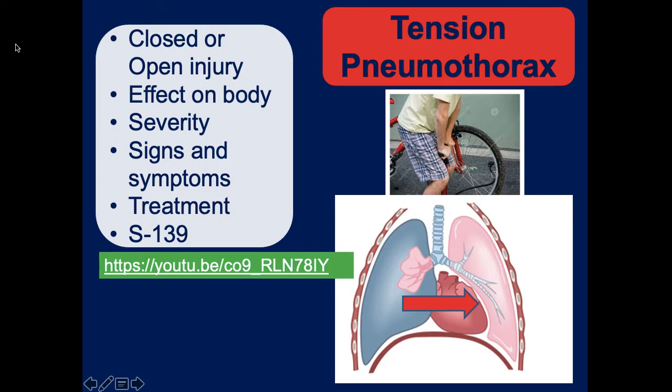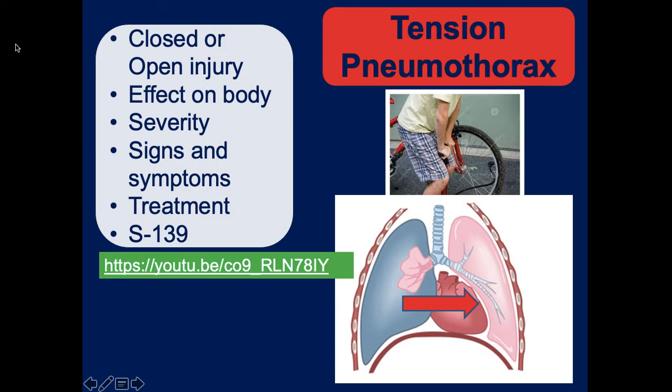Now, when it comes to both the closed and open chest wall injuries, we talked about the pneumothorax developing. We talked about the sucking chest wound. And so what happens is you arrive on scene and this person's had some type of mechanism causing one of his lungs to collapse.